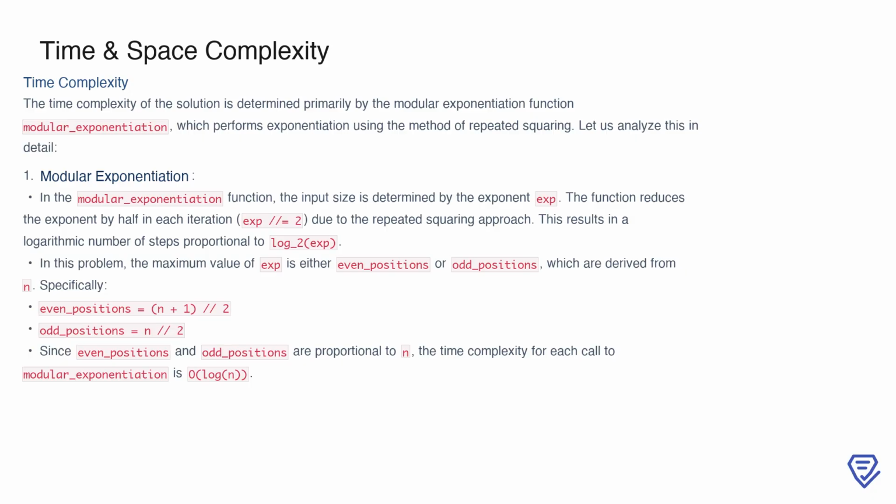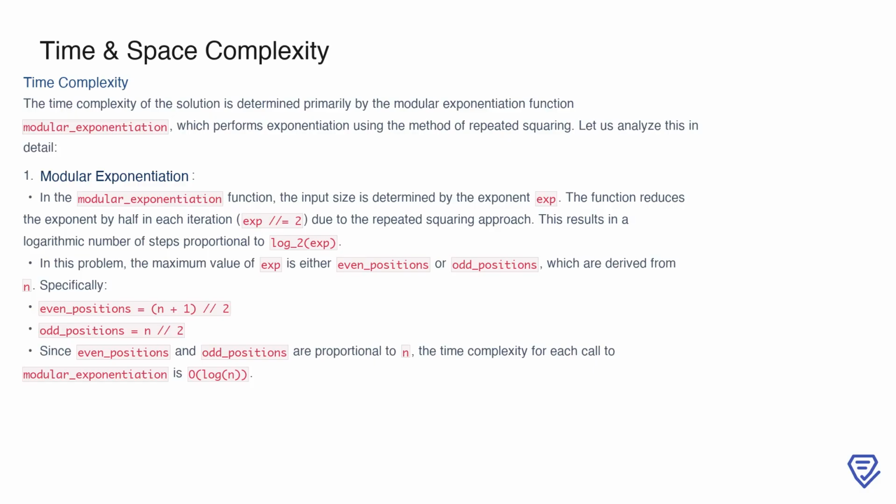For this problem, the exponents are determined by even_positions and odd_positions, which are derived directly from the input size n. Specifically, even_positions is calculated as (n + 1) / 2, while odd_positions is n / 2.